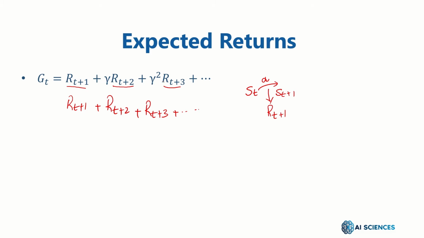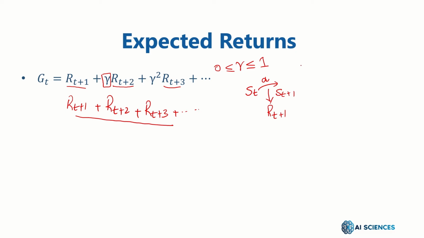And if we discount the future rewards, if we give less importance to the rewards that are very far away from the current state, then we can discount each reward with a discount factor, gamma, where gamma is a number between 0 and 1. It can be 0 if we want to rely only on the immediate reward. If it is equal to 1, then all the rewards have equal importance no matter how far they are in the future.